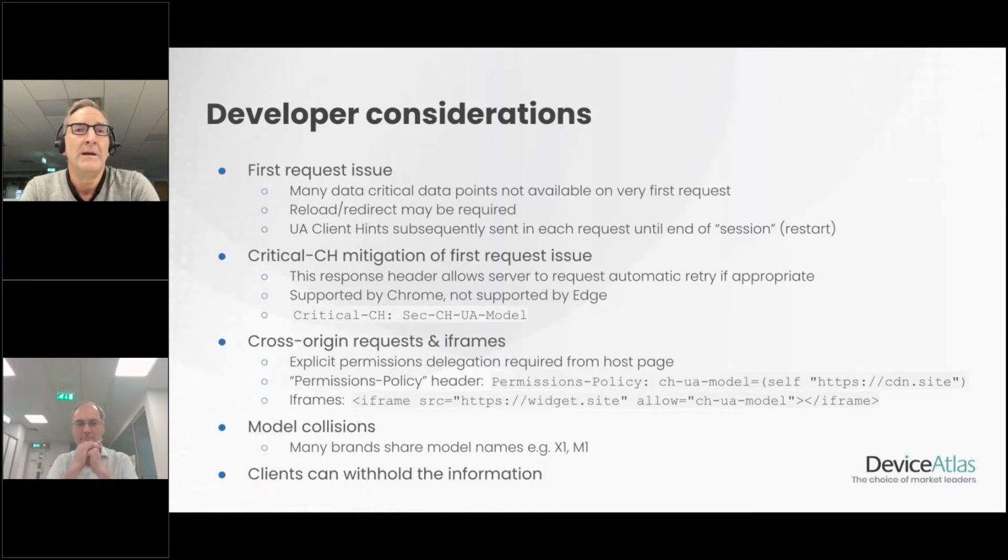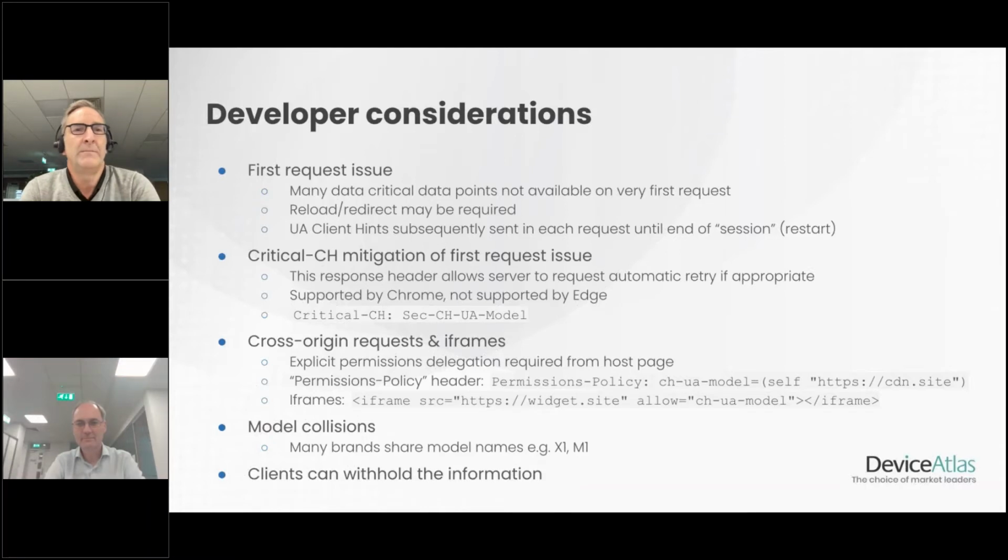So in the case of a cross-origin request, you must send this permissions policy header. In the case of an iframe, in the HTML for the iframe, you must explicitly designate which hints this iframe is allowed to get. So this is quite messy.